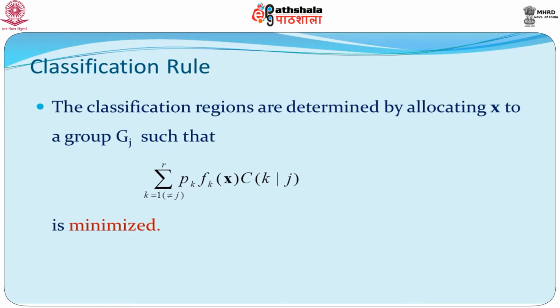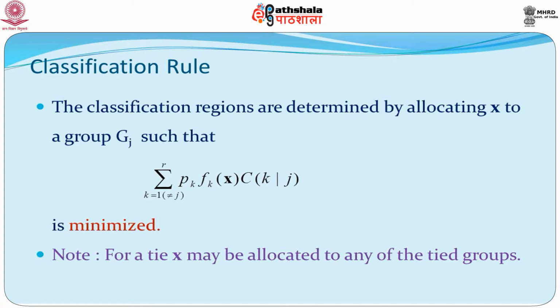So, overall the whole thing gives you the probability that an individual coming from the jth group is classified into the kth group, and you sum this over all k and you get this, and if this is minimum then this gives you the best allocation of x into the jth group.